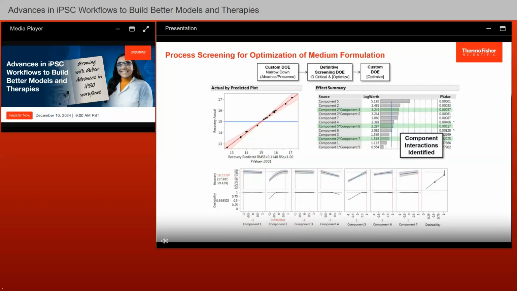So identifying how these individual components interact with each other was a design element that was considered here, as well as identifying the critical concentrations at which these components should be added. Overall, in doing so, we were able to reach a final formulation that was very supportive of PSCs, especially during challenging workflows.